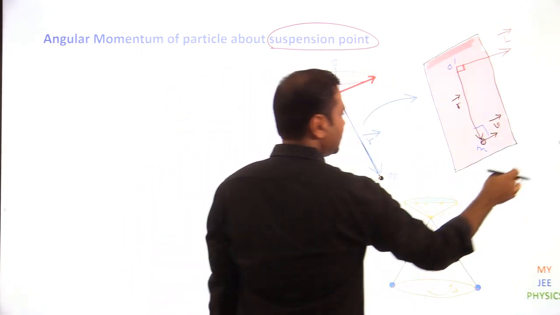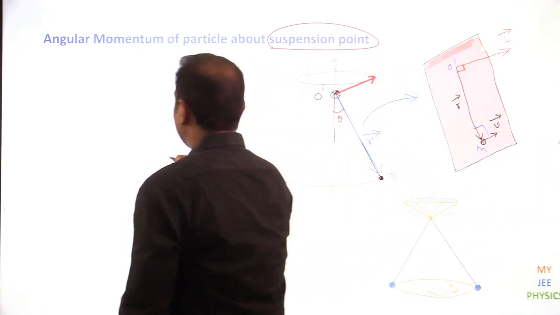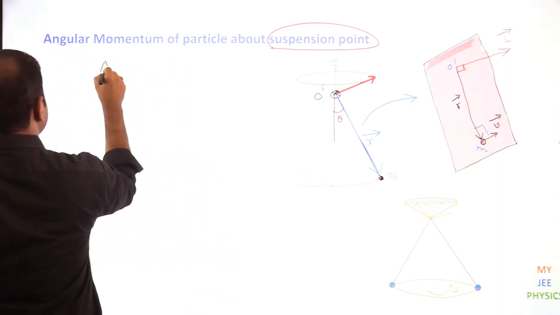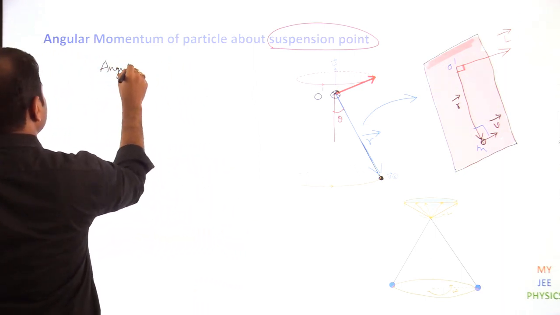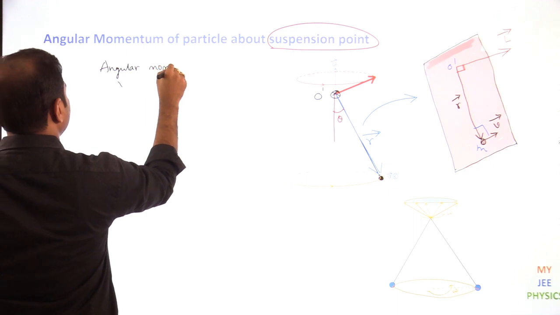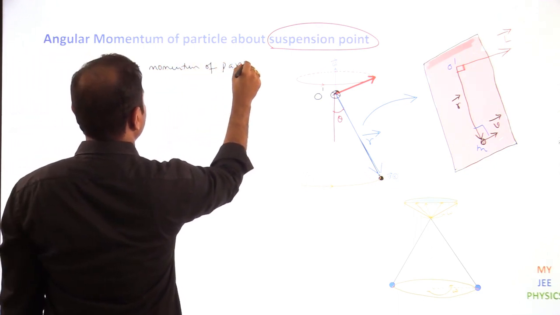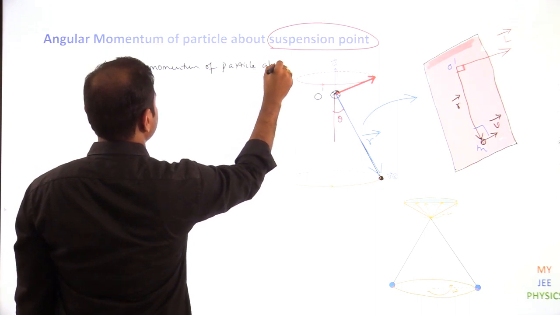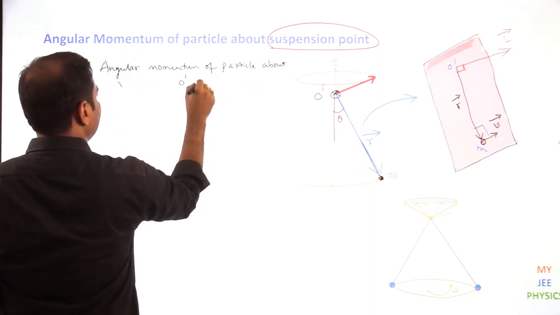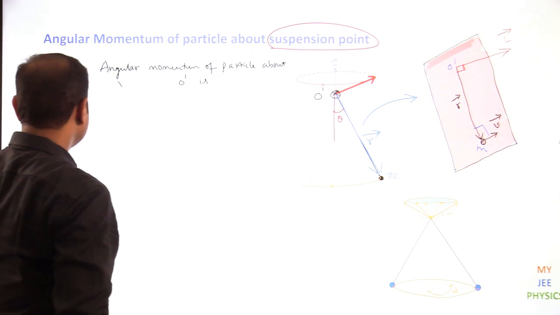So I can write down the angular momentum of the particle about the O dash point, which is nothing but the suspension point.